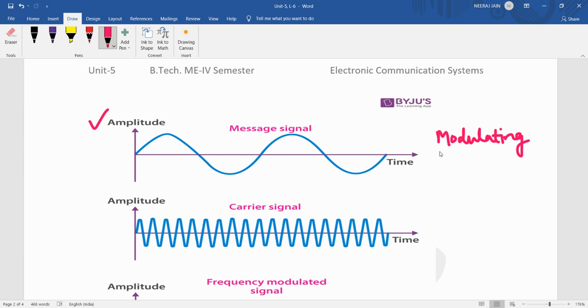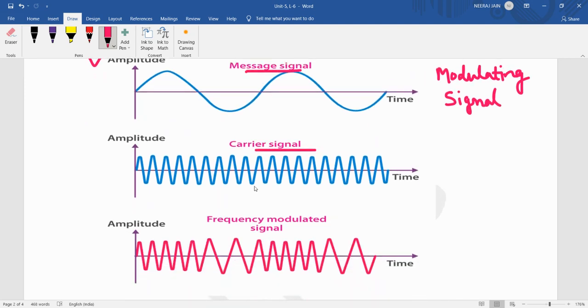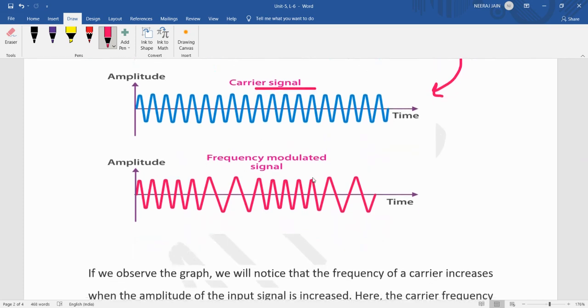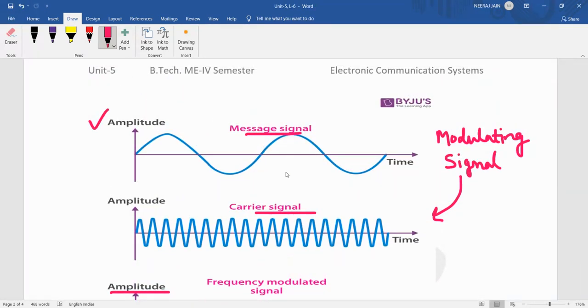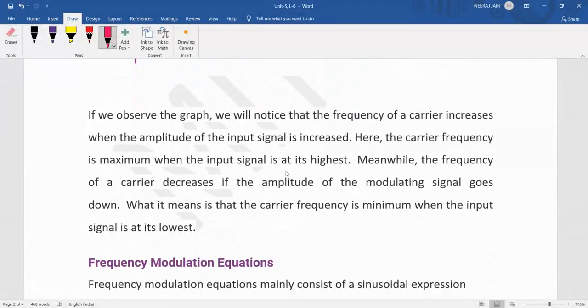Here is the modulating signal, and here is the carrier signal. Now the carrier signal frequency is changed according to the amplitude of this modulating signal, and we receive the frequency modulated signal. इन दोनों को मिक्स करके we receive the frequency modulated signal.